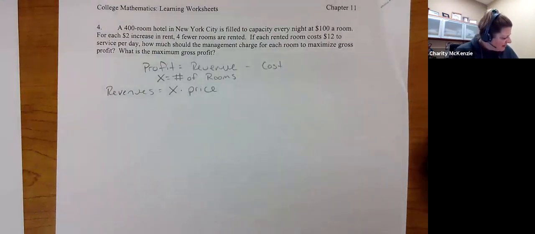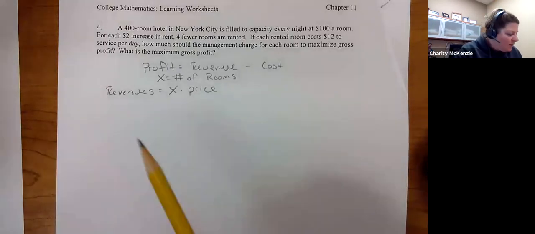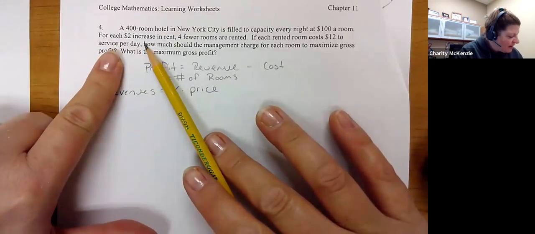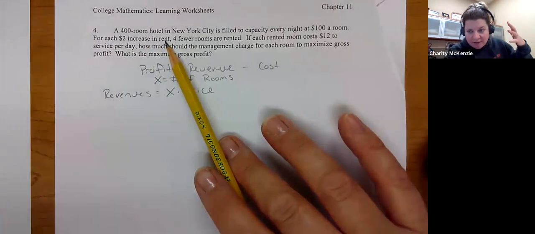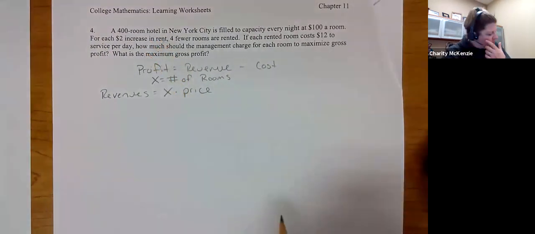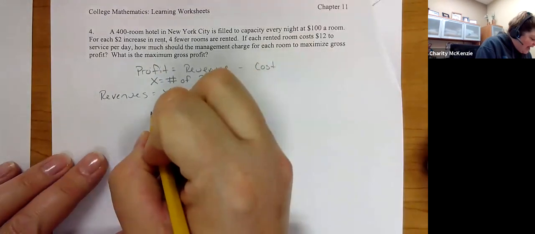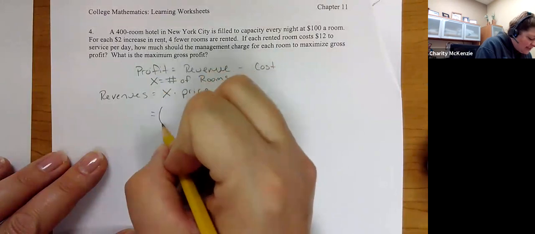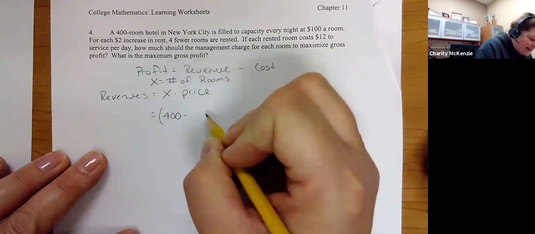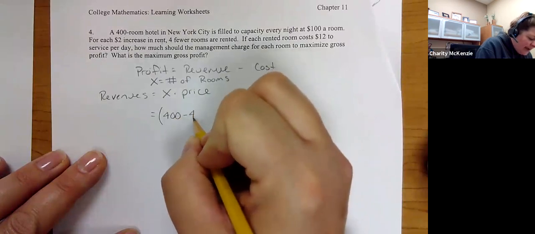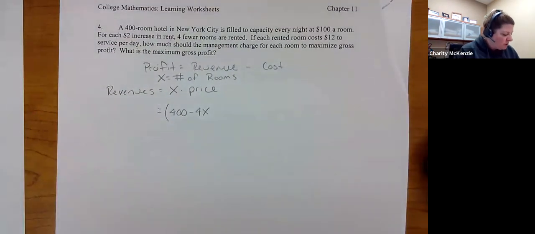So for this, our number of rooms would be 400 room hotel minus, we would lose 4 rooms, let me read it again. For each $2 increase in rent, so we're going up by $2, we lose 4 rooms. How would we state that? So we're trying to write this x as 400 rooms, and we're going to subtract 4 times each increment of 2.